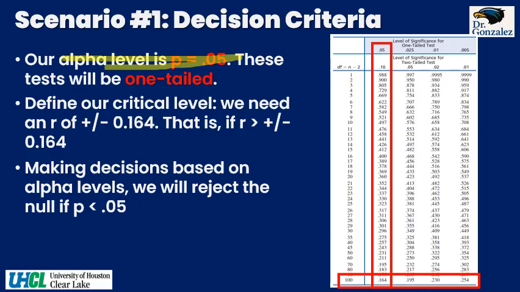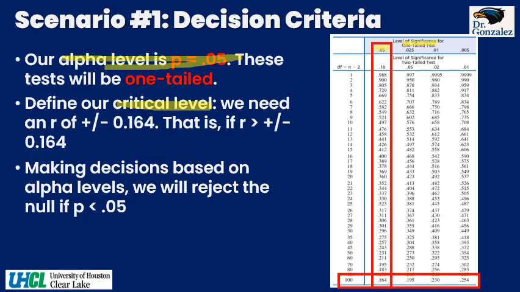So if I were doing this by hand, I would need to define my critical level. So I would take my Pearson table and I would go to alpha level of 0.05 for a one-tailed test. See, I'm moving this time because last time it was in a 2. And then my degrees of freedom are equal to n minus 2.